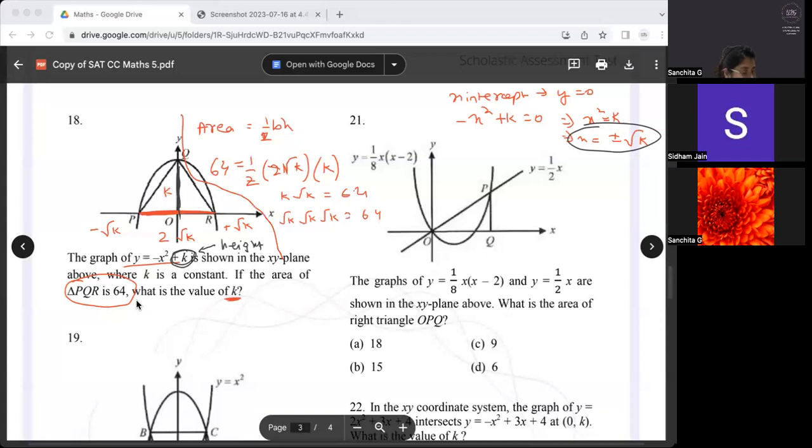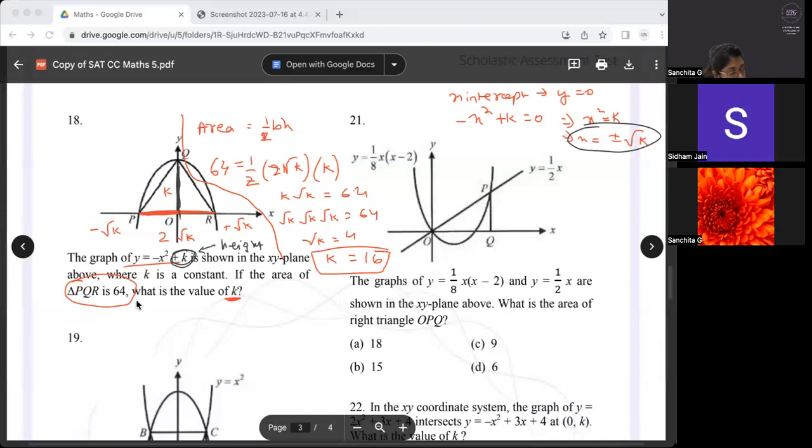Sorry, root k is equal to 4. So k is equal to 16. That's my answer.